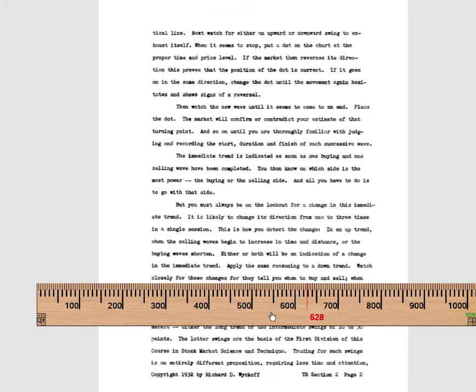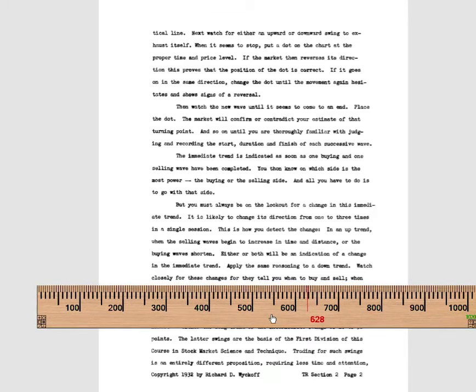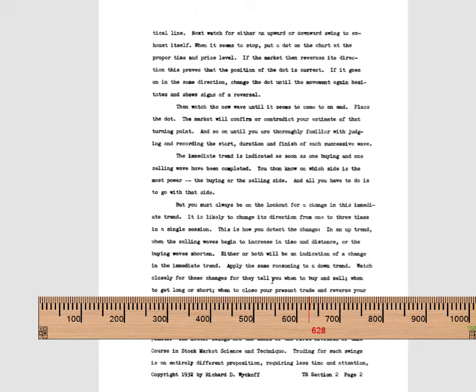Apply the same. Watch closely for the changes, for they tell you when to buy. So when do you buy? It's another question. Now he's not being that explicit, but he's saying watch closely for these things because they tell you when to buy and when to sell. So if someone asks you when do you buy and sell, you do it when there's a change in trend.